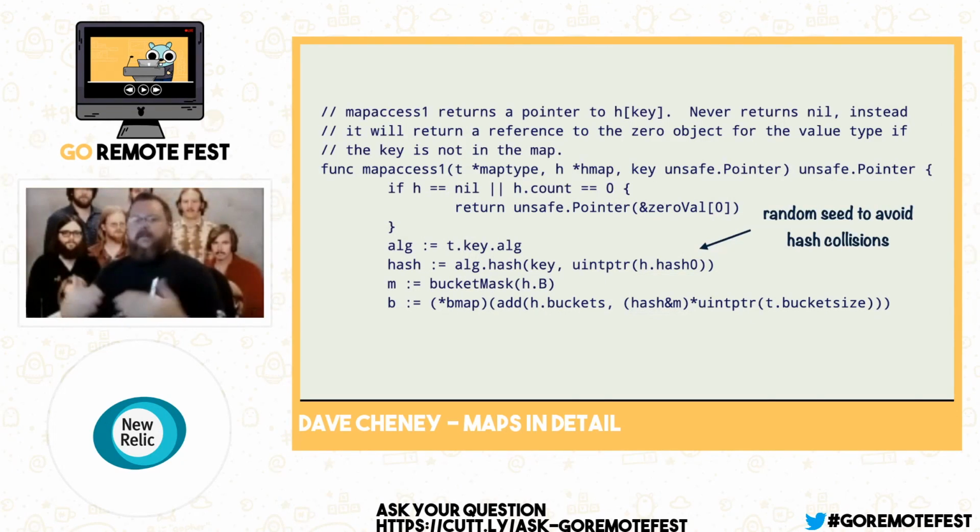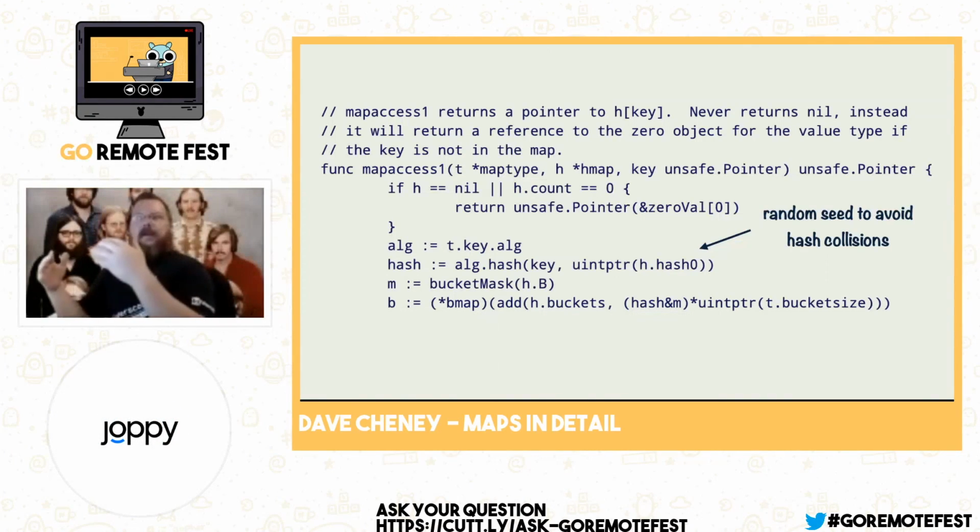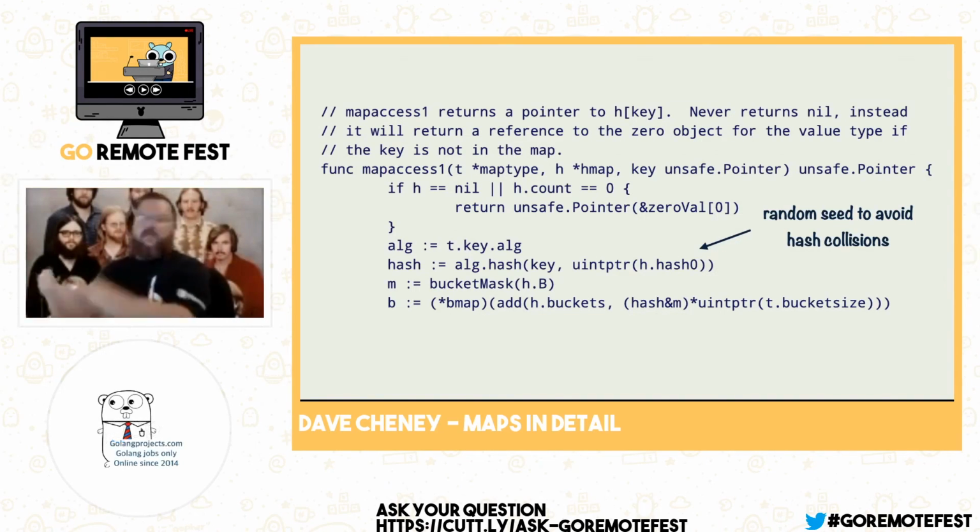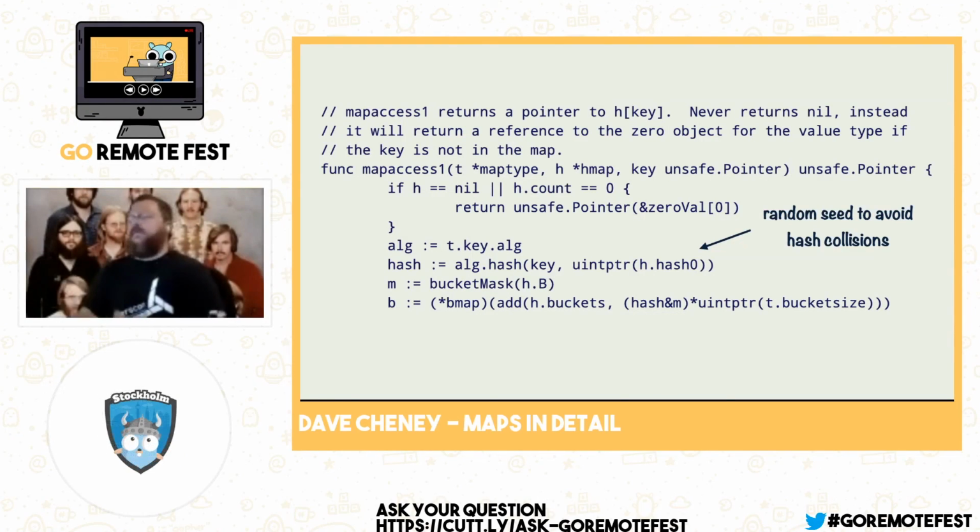It adds an extra degree of randomness that the attacker can't predict. They can go and look in the source of Go and read the hash algorithm, and they could potentially produce a bunch of inputs which hash to very close values, but they do not know the value of h.hash0, which is a unique random seed for each different map declared in your Go program, and this acts to counteract that.